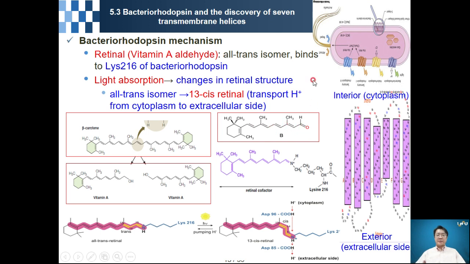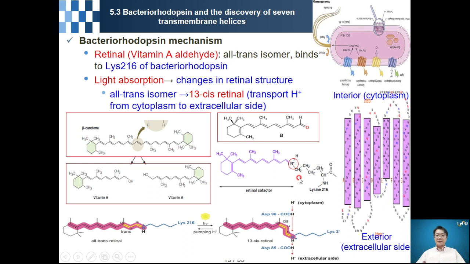Their structure is the all-trans isomer. It binds to the lysine of bacterial rhodopsin. The specific site is the 216th location, which has the lysine. This O binds to the nitrogen of this lysine. So this is how it binds to the lysine of bacterial rhodopsin.